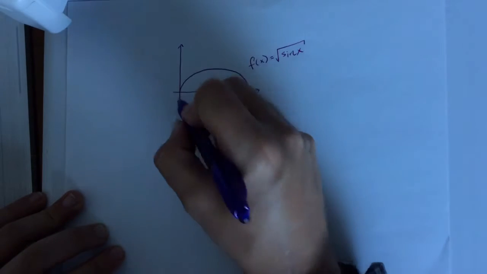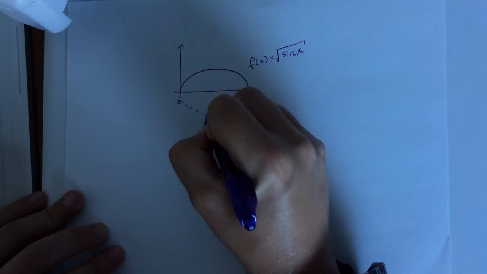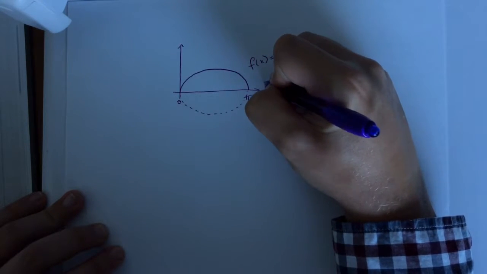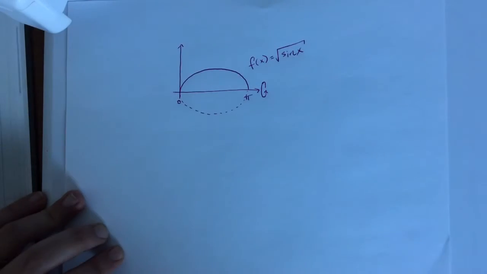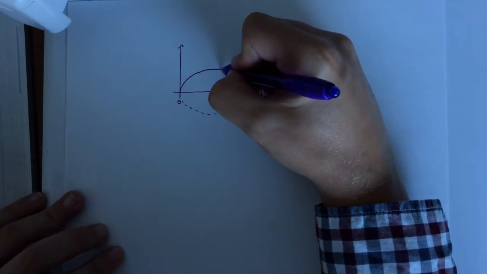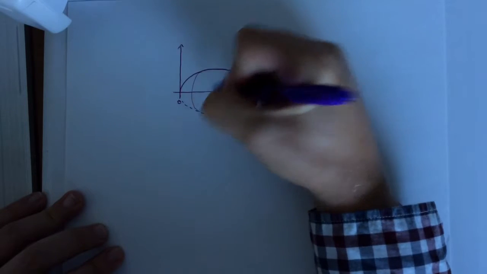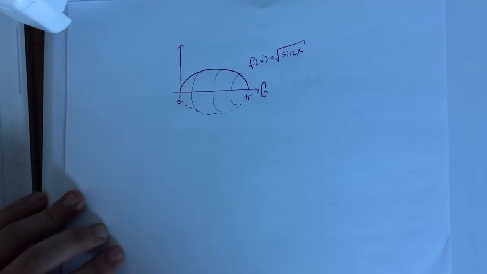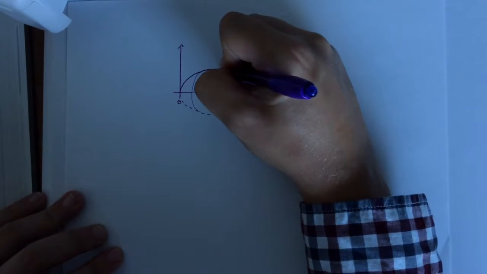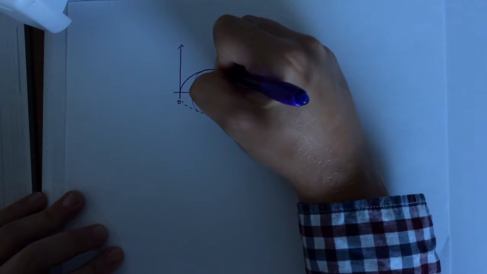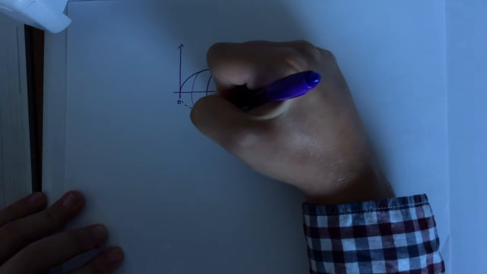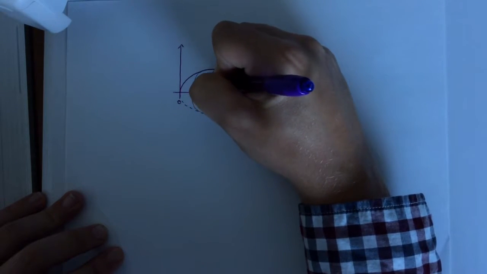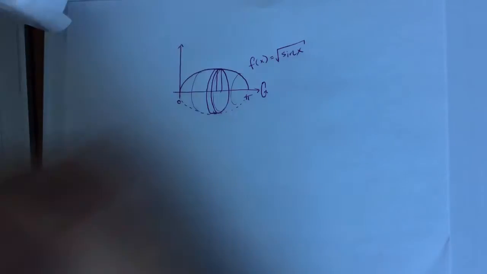When we revolve this shape around the x-axis, we get a pill-shaped object, or maybe like a football or a rugby ball shaped object. Here is an approximating disk for the volume, which means that the approximating rectangle is given here.